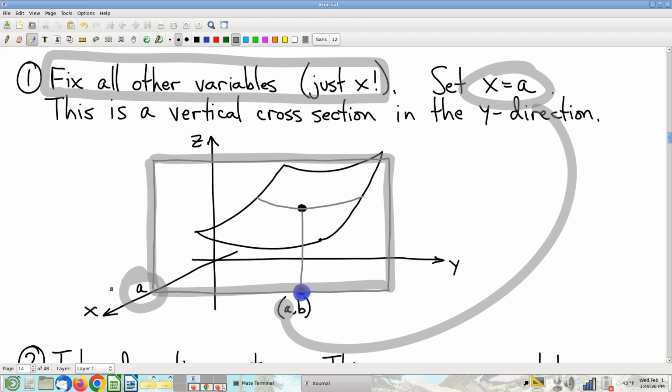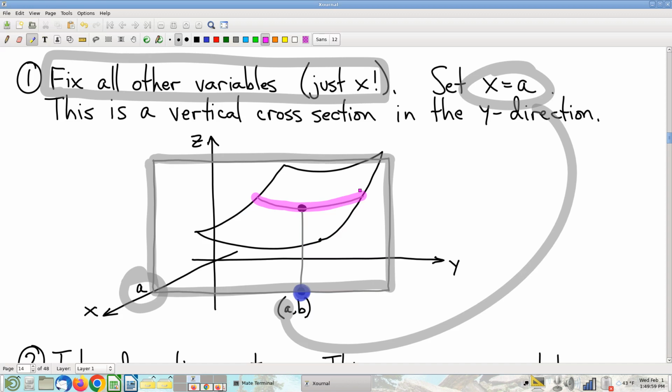Okay, now when we take this cross-section, notice that gives us a curve. The original graph we were looking at was a surface, and this x cross-section, fixing a value of x perpendicular to the x-axis, will give us a curve.